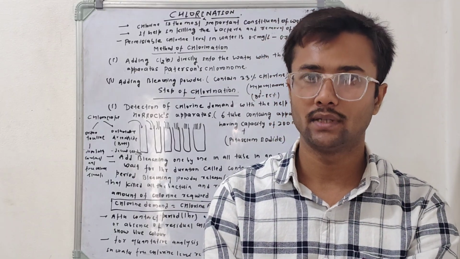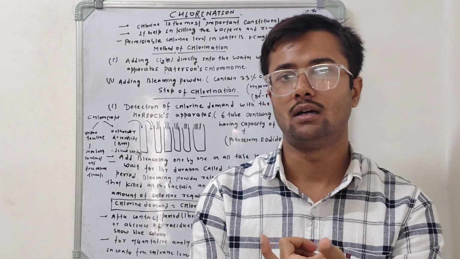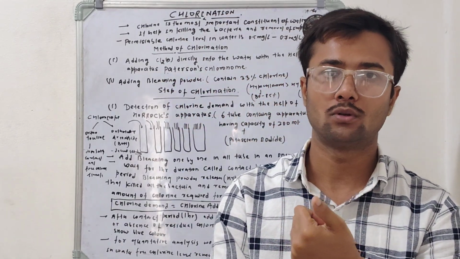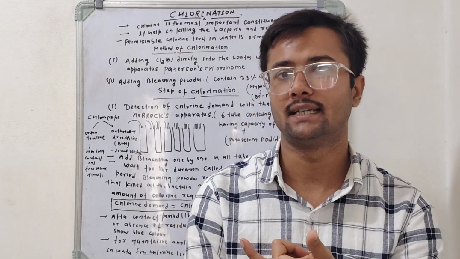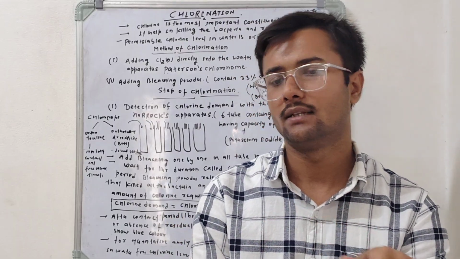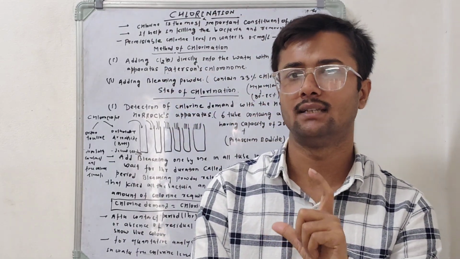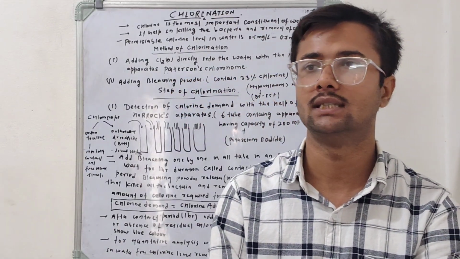What happens during this contact period? The bleaching powder releases its ions. One of the effective ions is the hypochlorous ion, which kills almost 70 to 80% of bacteria and removes impurities. The second, less effective ion is the hypochlorite ion, which is also responsible for killing bacteria and removing impurities.